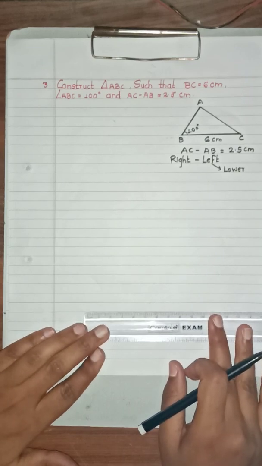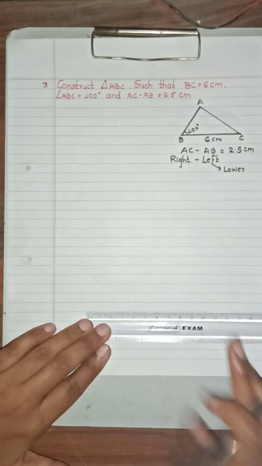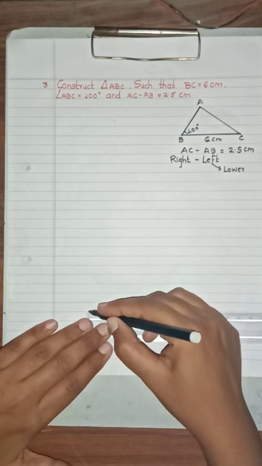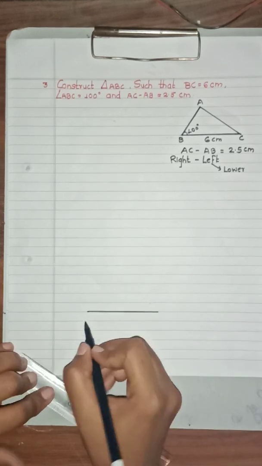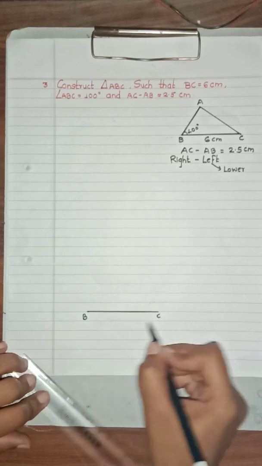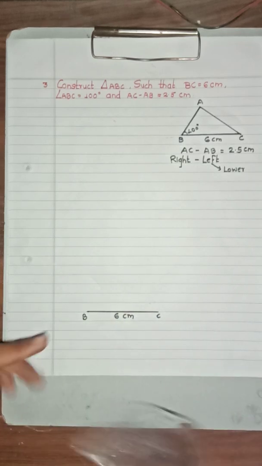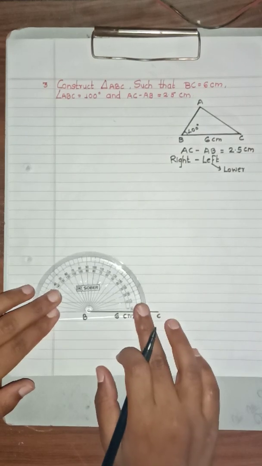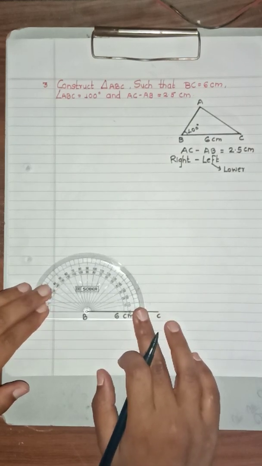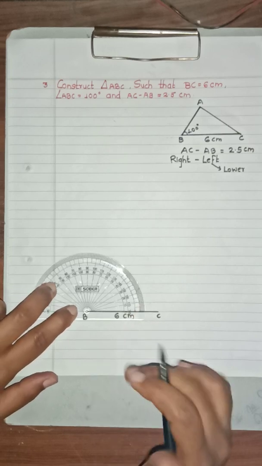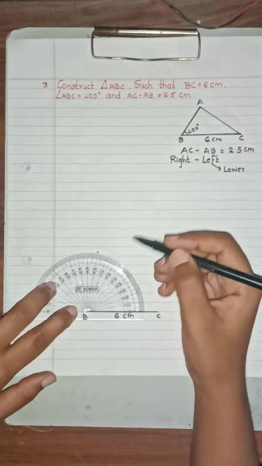Now here I will take BC as the base, 6 centimeters they have given. Okay, this is your BC, 6 centimeters. Okay, now angle ABC they have told is 100 degrees. So I'll keep the pointer over here of this protractor and I'll mark 100 degrees angle over here.